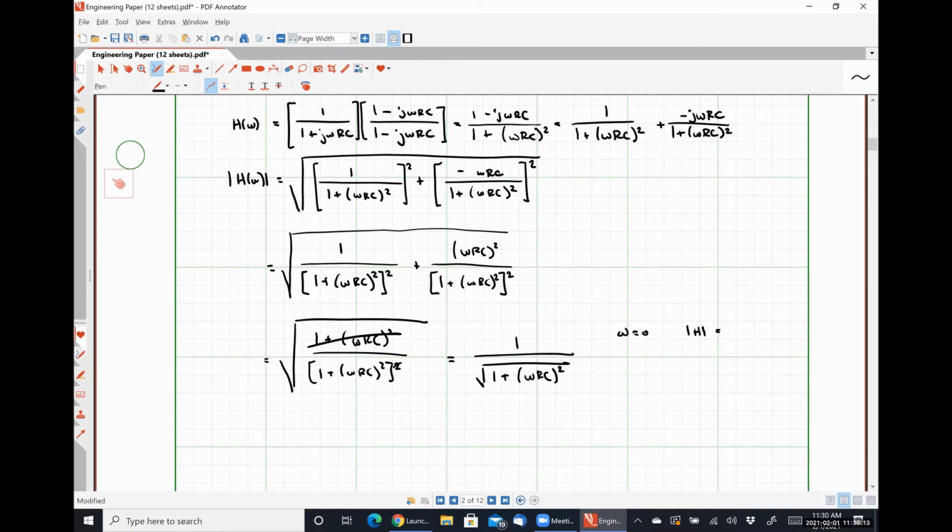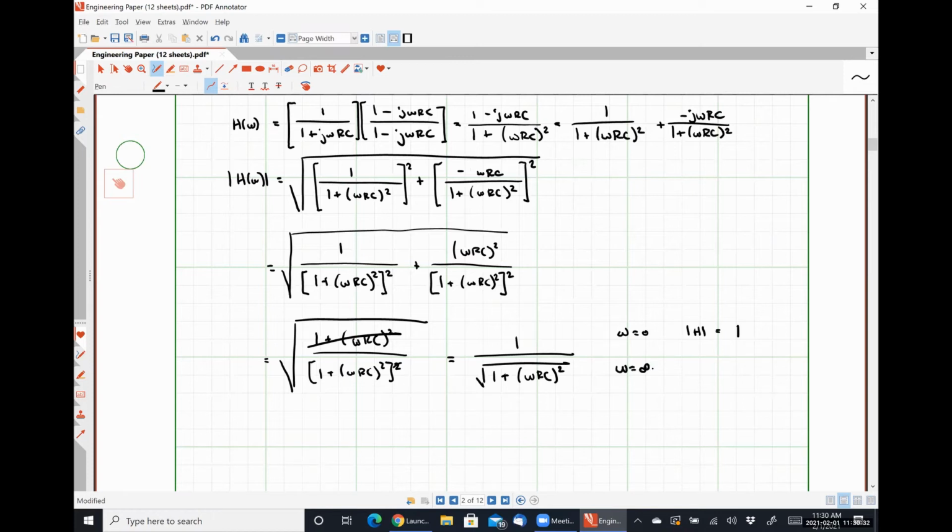Because we'll have 1 over the square root of 1, which is just 1. So for extremely low frequencies, all of our input signal gets transferred to the output.